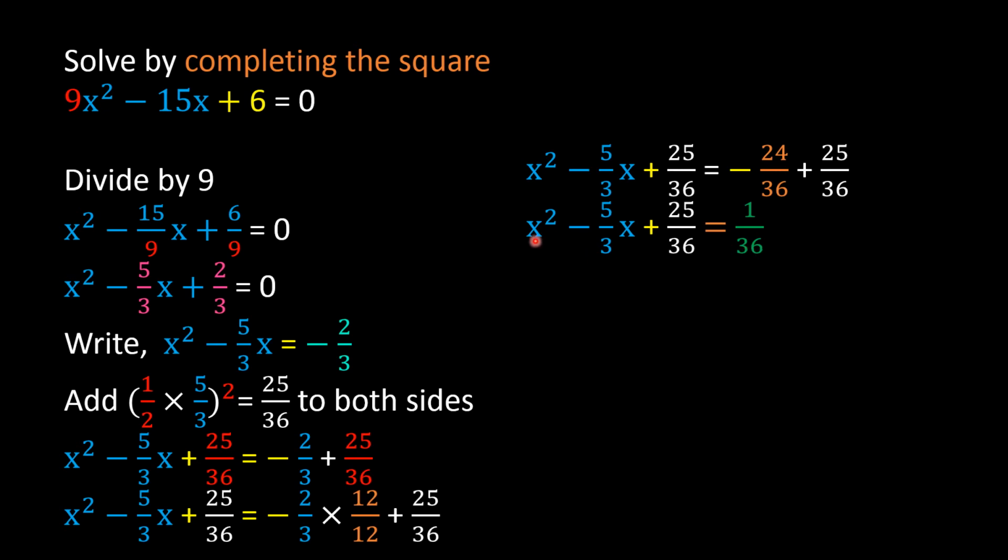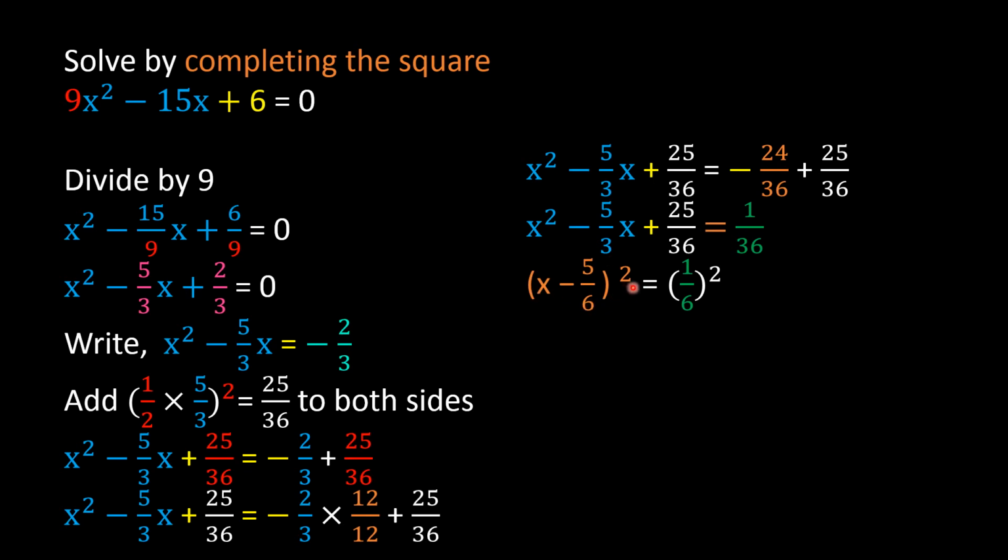Now the left hand side is a perfect squared quadratic polynomial because the first term is a perfect square, the third term is a perfect square, so we can write its factors as x minus 5 divided by 6 whole squared. The sign of the middle term we will put in between x and 5 divided by 6.